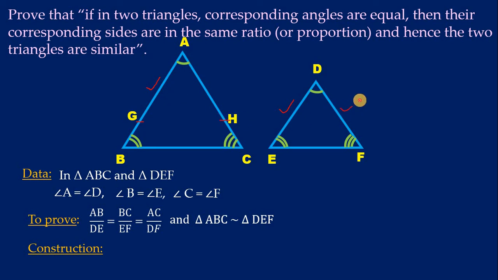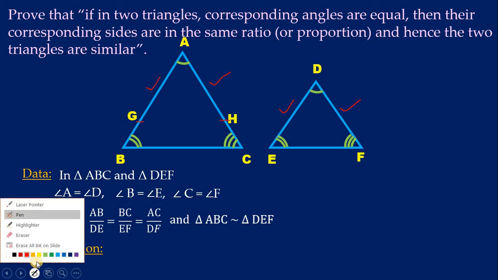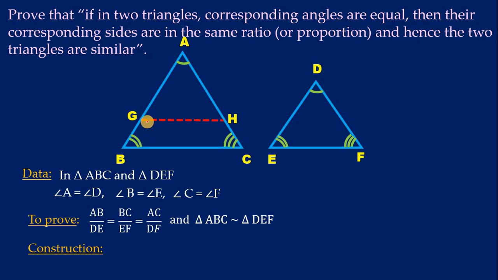However much length DF is, the same length AH should have. Like that, you have to mark the points G and H. And then we have to join G and H. Look at the figure. This you have to draw like this.